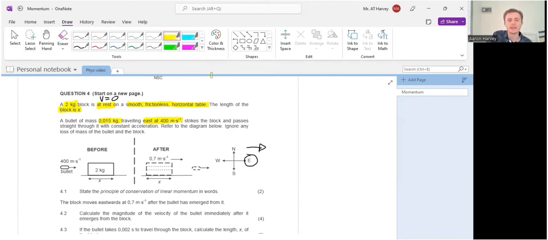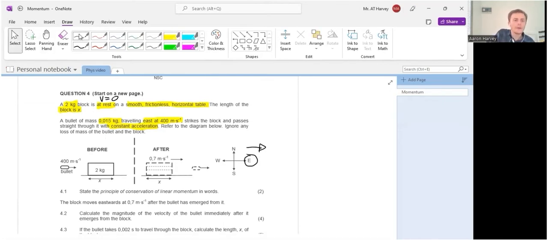This bullet then strikes the block and passes through it with a constant acceleration. So it means that as it hits the block and goes through the block, its acceleration is the same throughout. It says refer to the diagram below and ignore any loss of mass of the bullet and the block.